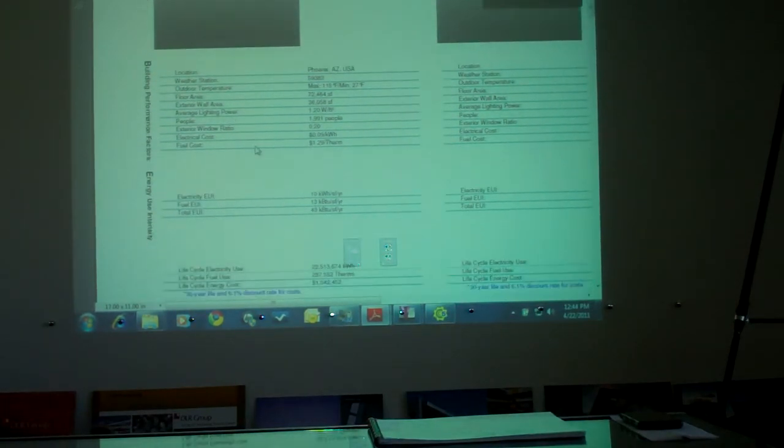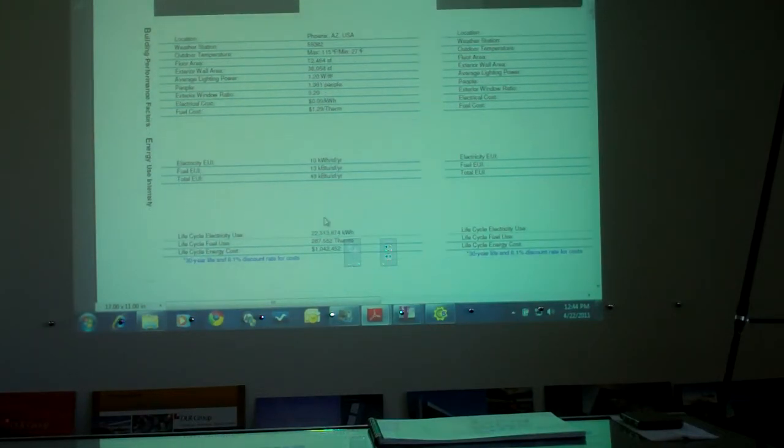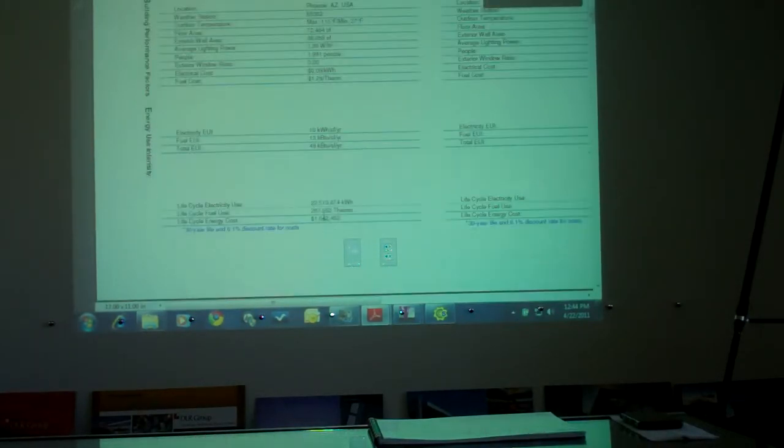So what this program tells us right off the bat is our EUI: electricity EUI and fuel. It assumes some gas and some electricity, and so that's our total kBTU EUI. So it gives you that information right off the bat. And then it also gives you a life cycle analysis.